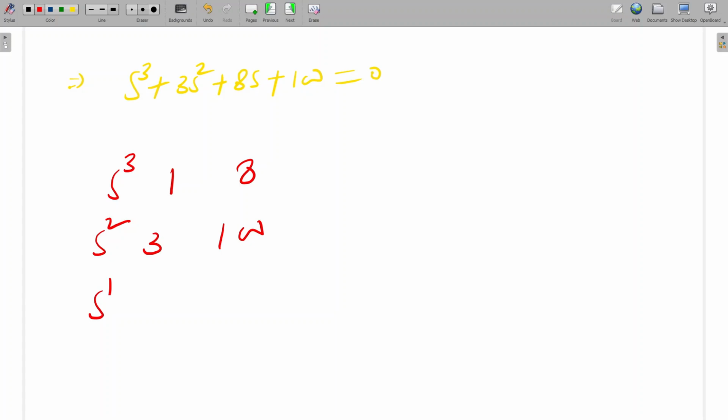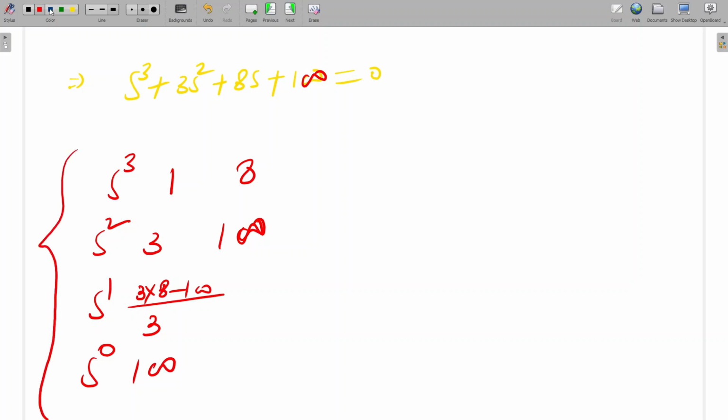What will be the s to the power 1? Can anyone tell? 3 into 8 minus 100, that is 24 minus 100, 76, divided by 3. Then 0 will be there. So s to the power 0, what will be the value? That will be 100. Is this calculation clear?